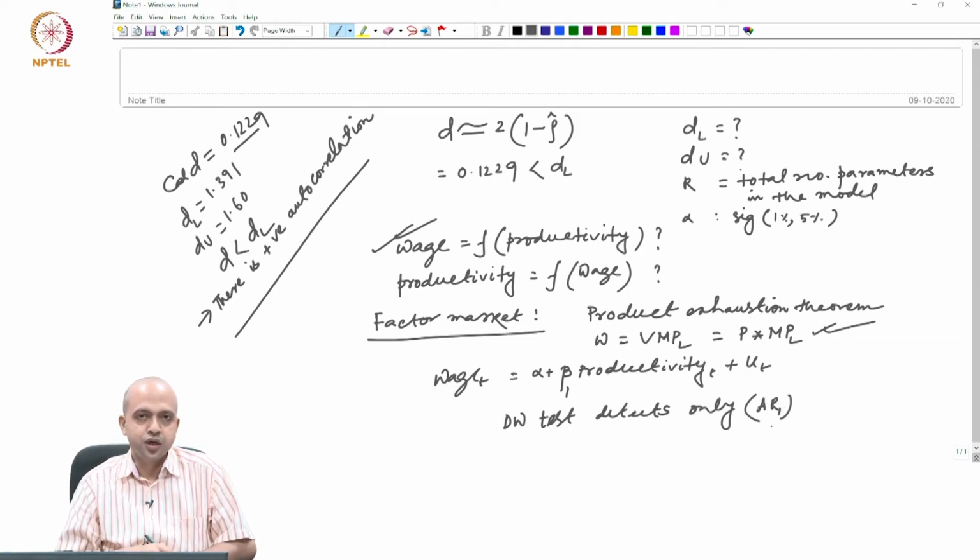That means it can detect only first order autocorrelation. We do not know whether there is higher order autocorrelation in the equation. So, to check for higher order autocorrelation, we need to go for another improved test of autocorrelation, which was suggested by Breusch and Godfrey.